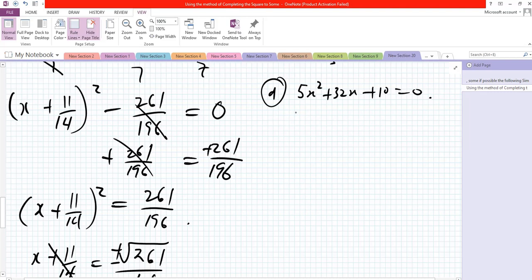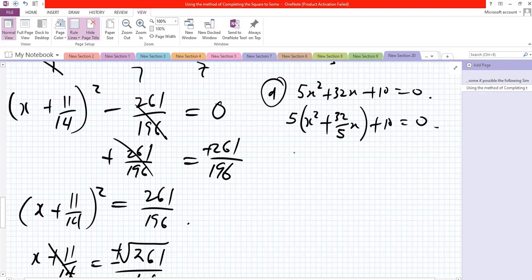Now using completing the square method, you say 5, when we factorize it using 5, 5 divided by 5x squared, you have x squared, plus 5 divided by 32x, you have 32 all over 5x, plus 10 equal to 0.